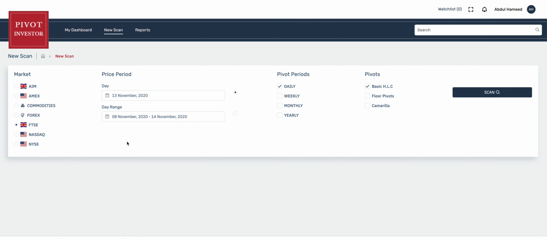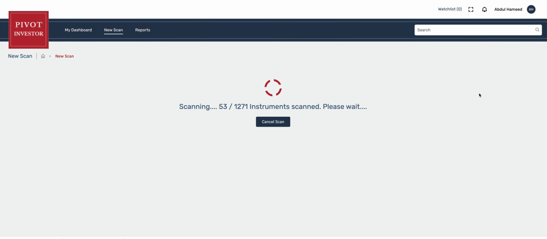So for today's scan, I selected the FTSE, selecting the Friday the 13th day range and using that range to see if that range had crossed any pivots. This is looking for the monthly pivots and the standard floor pivots. Hit scan.